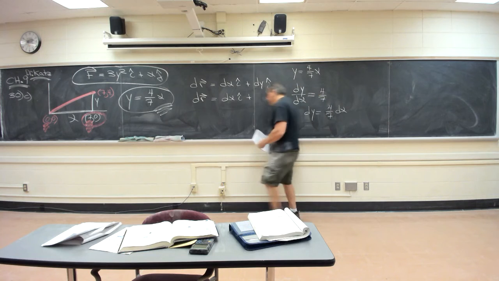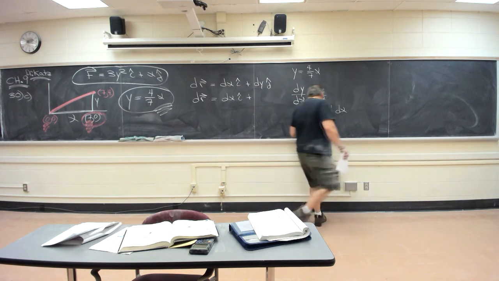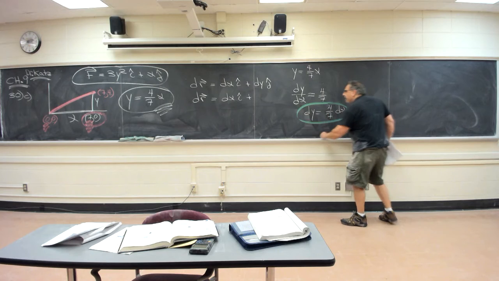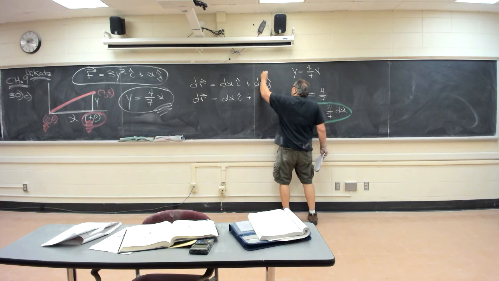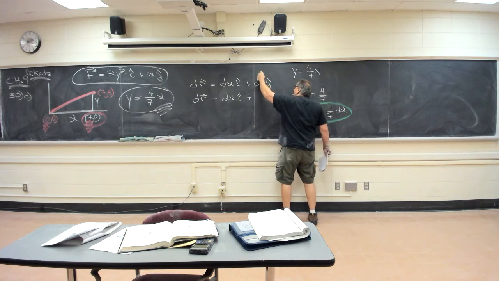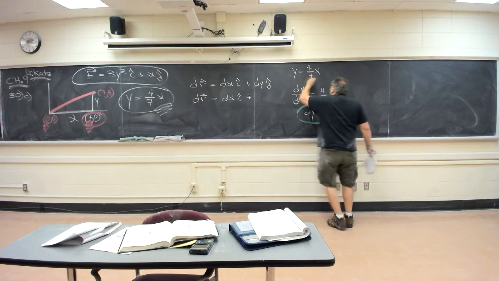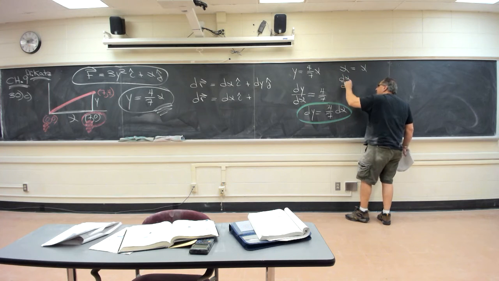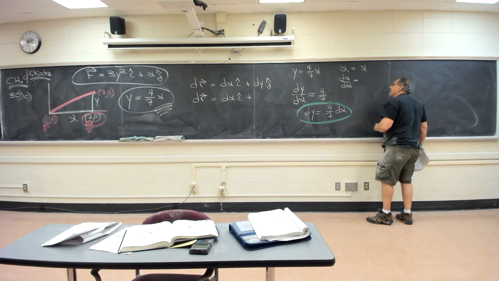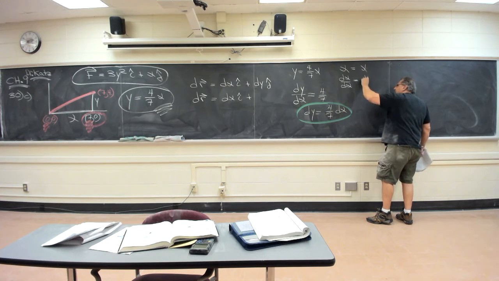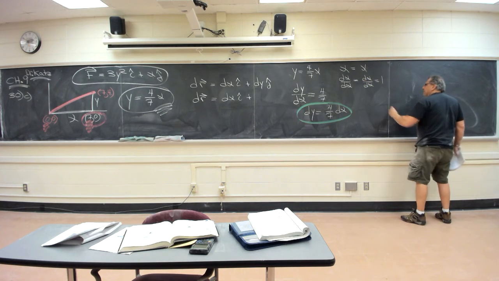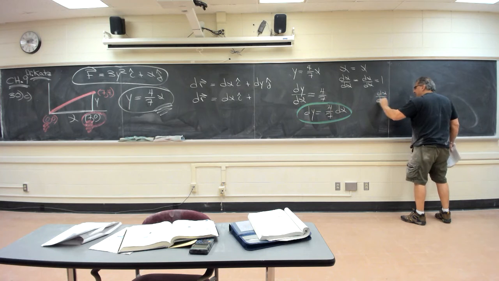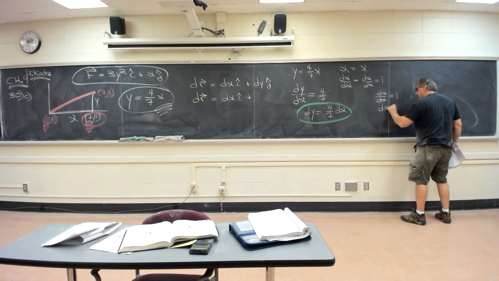So that's what dy is. The other one's a little different. The x value equals x, so the derivative of x with respect to x is just 1. dx equals 1 multiplied by dx equals dx.